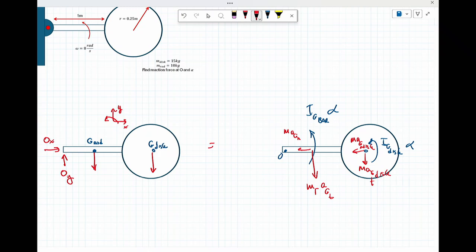So I have a whole bunch of forces that are acting on this. I have resultant forces and resultant moments that are going to come out of this. I have I_G of the disk alpha, I have I_G of the bar alpha. I have also the reaction forces at the pin, I have the weights. Everything is sort of one composite system.